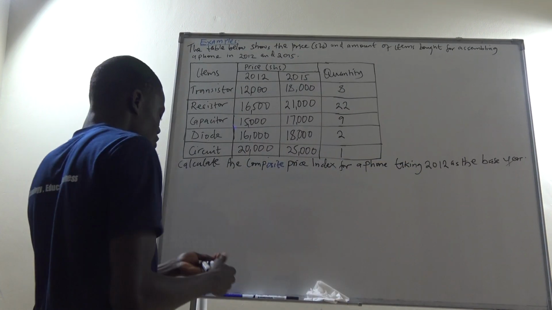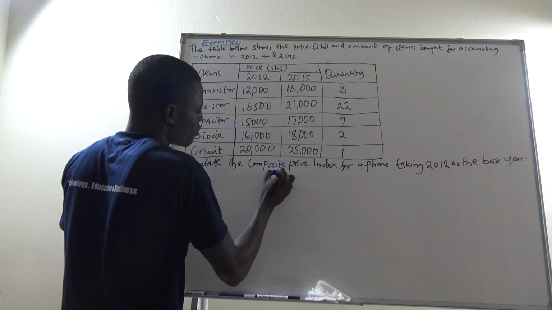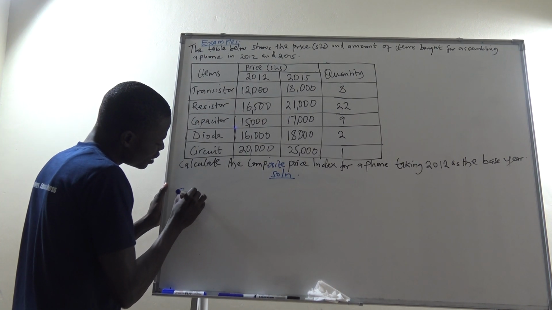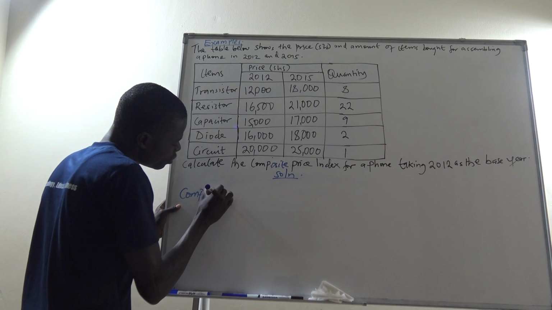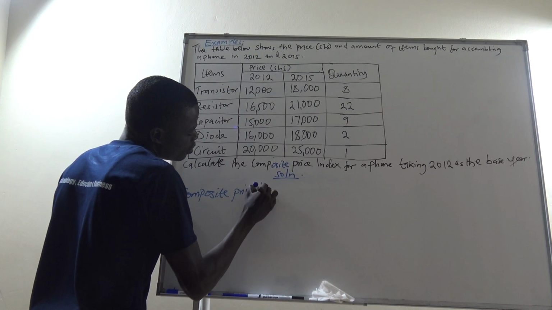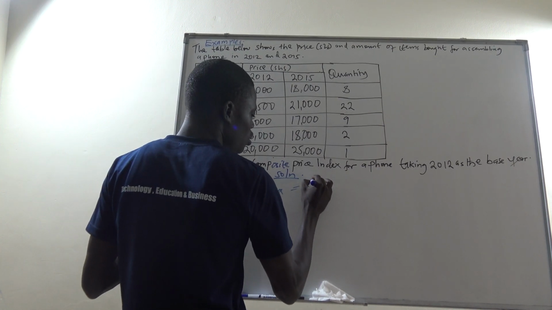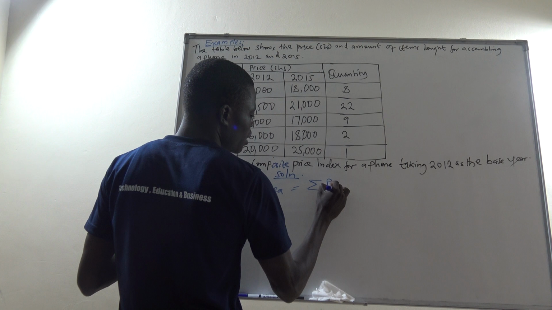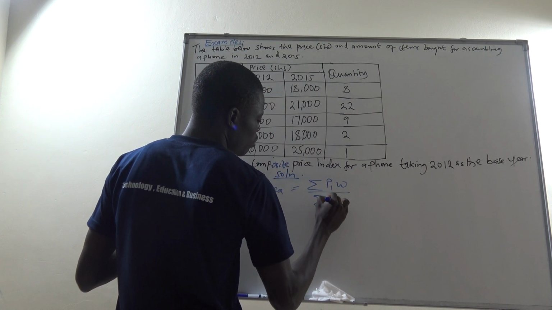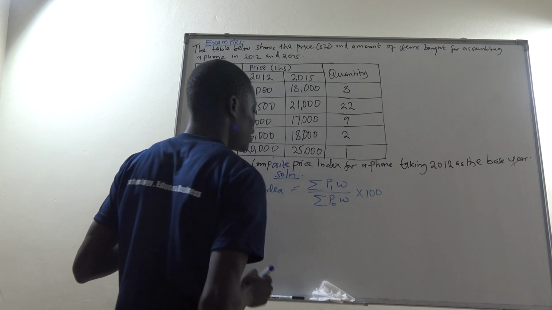So for our question, they have said we calculate what we call composite price index. Solution, we say that composite price index is given by summation of P1 W divided by summation of P0 W times 100.